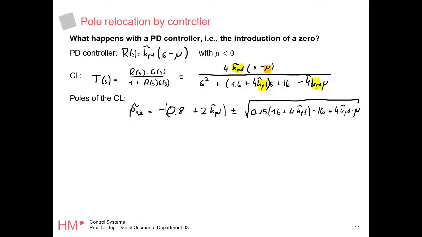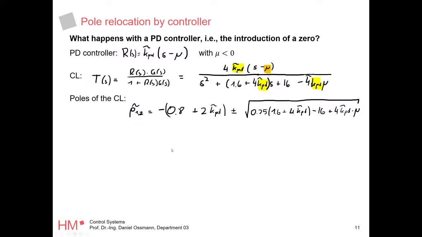Remember, our gain of the controller is going to be again positive only. So this first part is definitely going to be positive. This part too, because mu is negative. Okay, we need to place it in the left half plane. However, we can select k. Can we? Yes, we can select k that this gets positive.